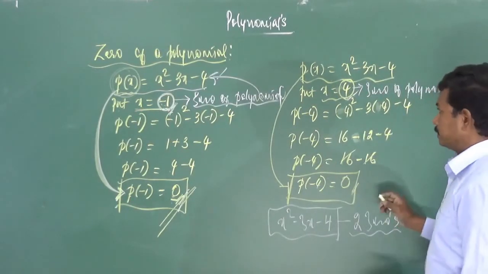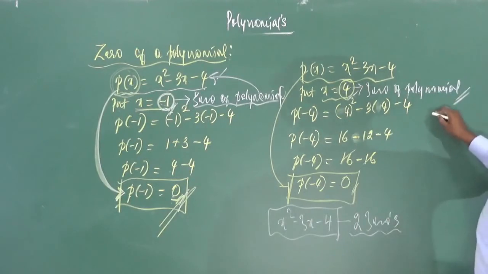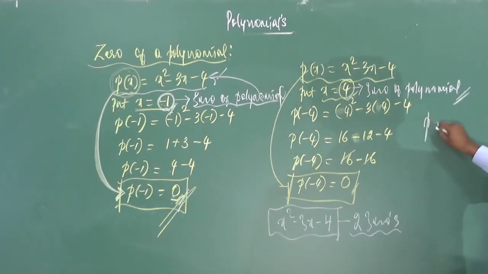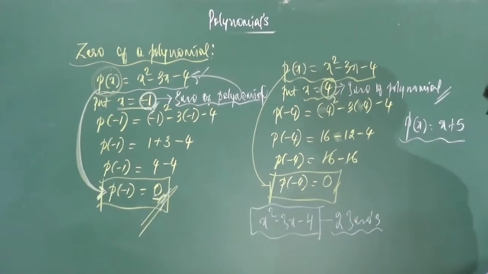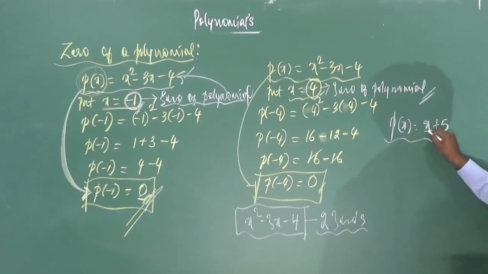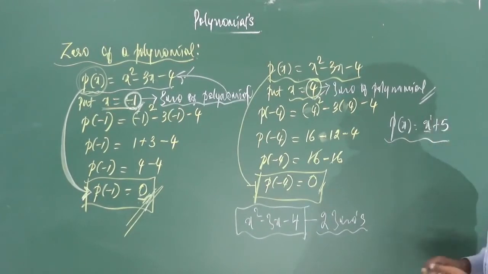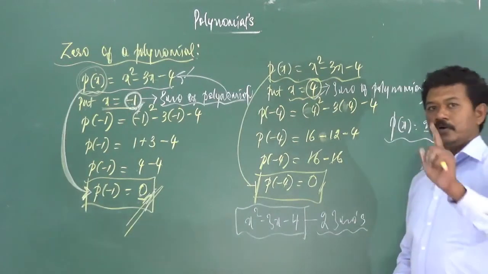For example, here p of x is equal to x plus 5. I have a polynomial. So it's a linear polynomial. Why is it called a linear polynomial? Because the exponent of the variable is equal to 1. That is, the degree of the polynomial is equal to 1.